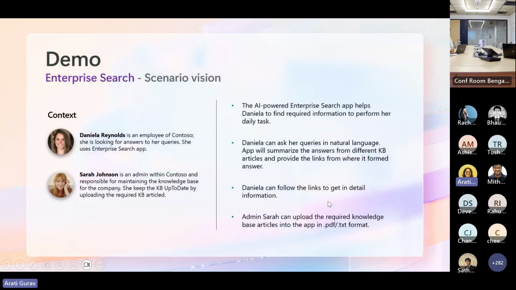Now let's see another example, a scenario related to enterprise search. This is an AI-powered enterprise search app which helps users find the required information to perform their daily tasks. In any organization, there is a lot of information that is dispersed.